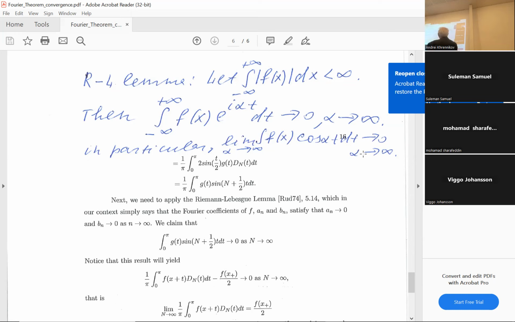The Riemann-Lebesgue lemma, which we got presented as a kind of scheme of how to prove it: if a function is absolutely integrable, so its integral is less than infinity, then the integral of this function times this exponent goes to 0 when alpha goes to infinity. As I said, physically it means that when alpha goes to infinity, cosine alpha t and sine alpha t flip very quickly. So they destroy our function.